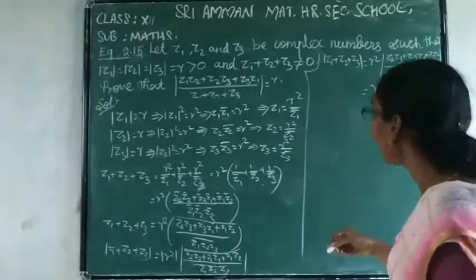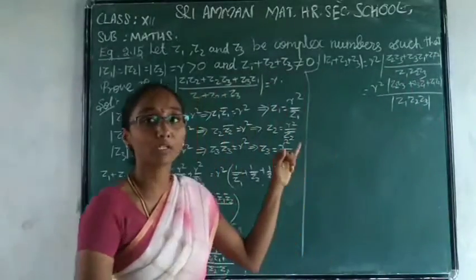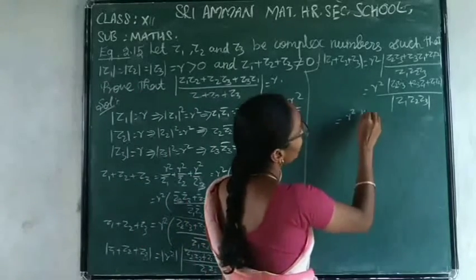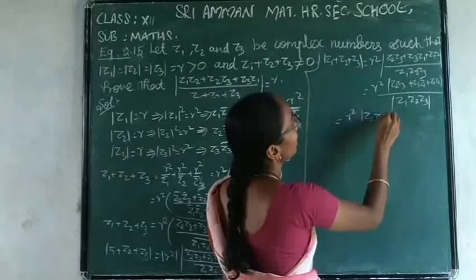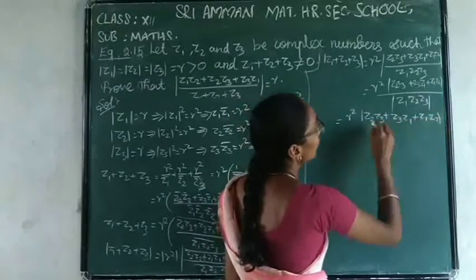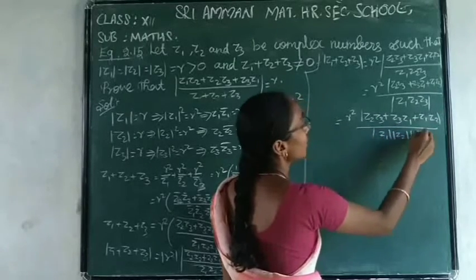Again the denominator is modulus of the multiplication part, so this is also separated. So R square into modulus of Z2 Z3 plus Z3 Z1 plus Z1 Z2 divided by modulus of Z1, modulus of Z2, modulus of Z3.